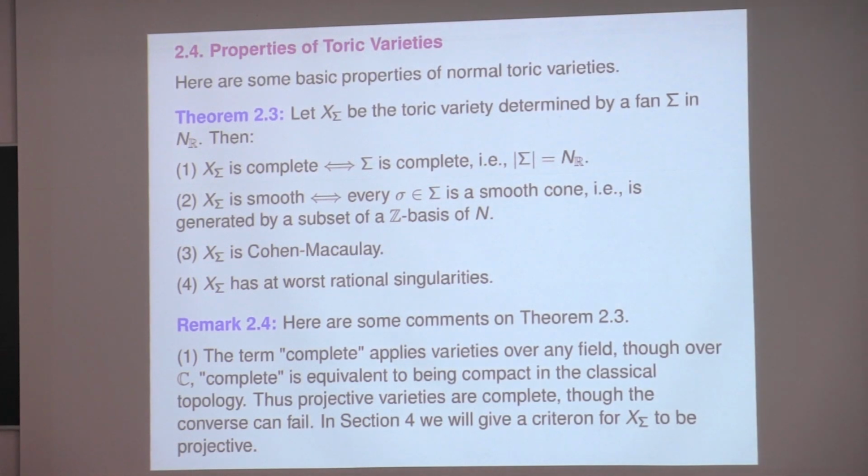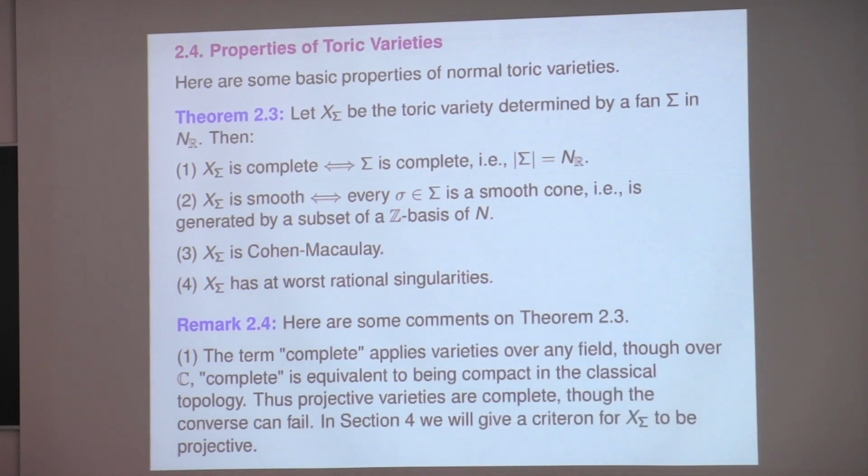If we have a toric variety determined by a fan sigma in N_R, then the variety is complete. If you know those words, that really means the map to a point is proper. So it is separated, finite type, and universally closed, whatever that means.